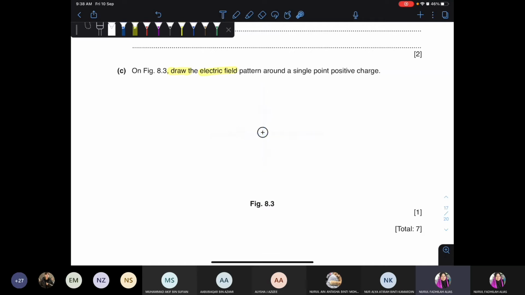Are these enough? You have to make it radial. So draw one line, it has to be straight, and not only straight, it must touch the center or the circle. Then you have to add more. Outwards or inwards? Outwards. And if the question is negative, it is the opposite.